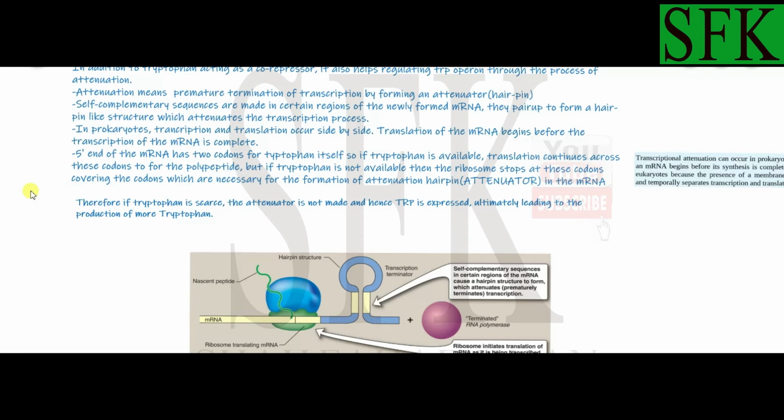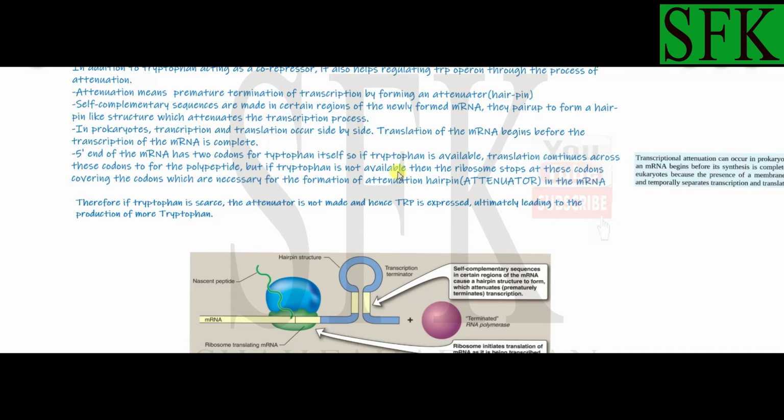If tryptophan is available, then the translation continues across these codons as well, because tryptophan will come and bind to these codons, and the ribosome will be able to continue the translation. But if tryptophan is not available, we'll need more tryptophan. The bacterium needs to make more tryptophan.